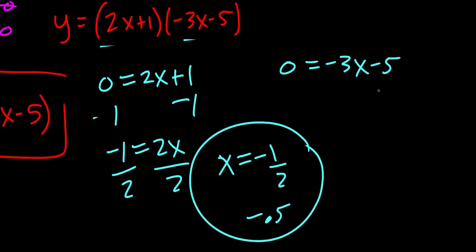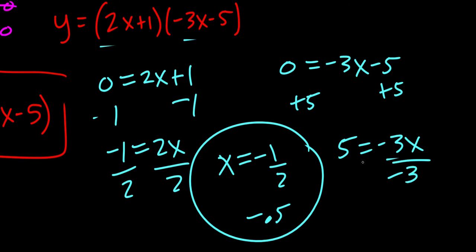For this one, we add 5, so 5 equals negative 3x, divide by negative 3, and we get negative 5/3 is equal to x.